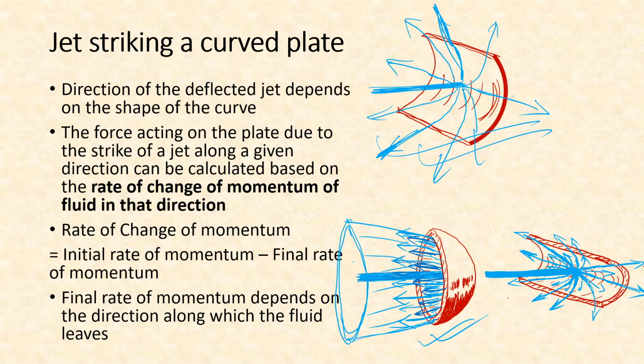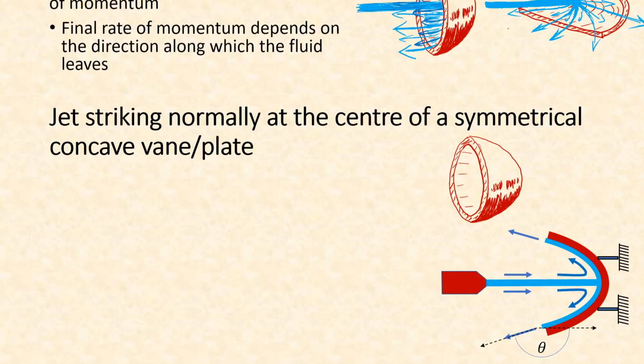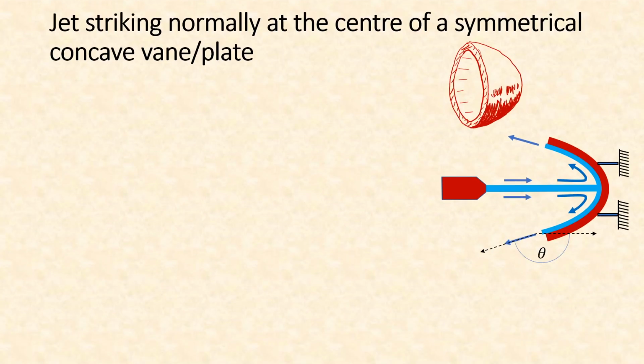So we'll deal with the mathematics of symmetrical plates hit by a jet. So: jet striking normally at the center of a symmetrical concave vane or plate. This is the plate struck by a jet like this at the center. In two dimensions it will look something like this.